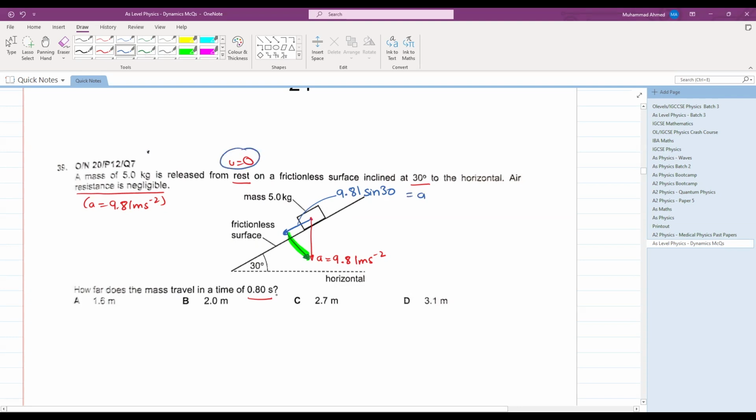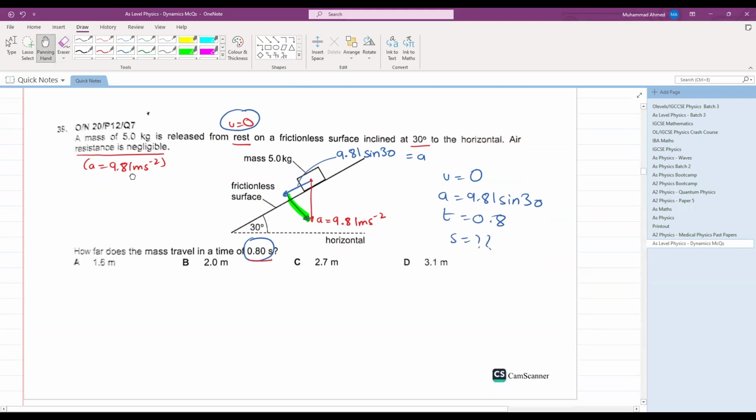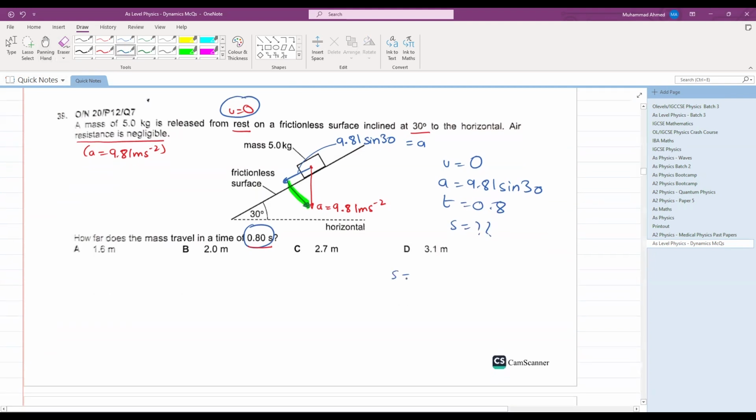You are starting from rest. You are also given the time. Can you calculate s? Let's write down all the values. u is equal to 0. Acceleration is 9.81 sin 30. And your time is 0.8 seconds. Can you calculate s? Yes, you can do that. How will you do it? s is equal to ut plus half at squared. This gets cancelled out, becomes 0 because initial velocity is 0. s is equal to half into acceleration, that is 9.81 sin 30, into what is the time?